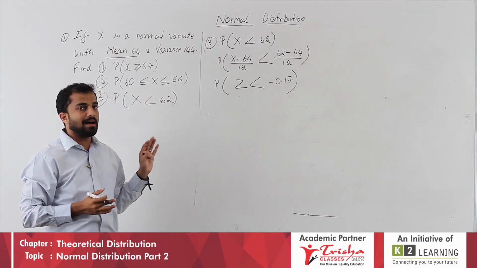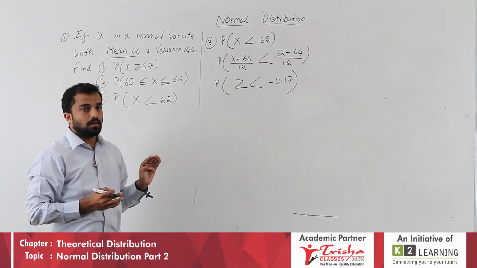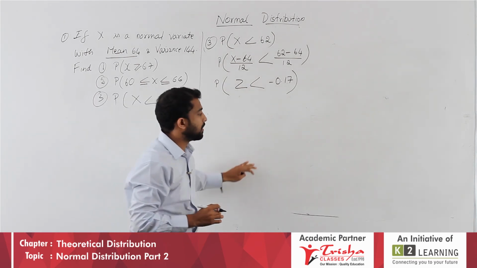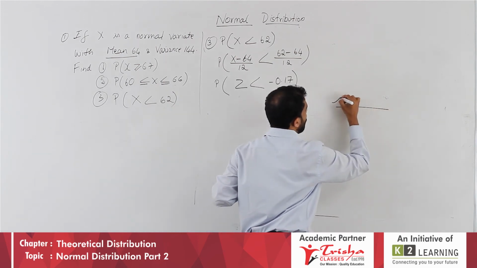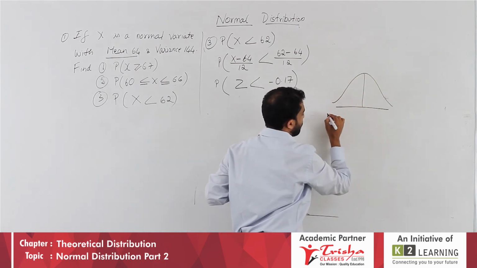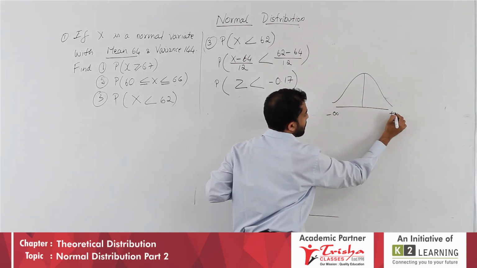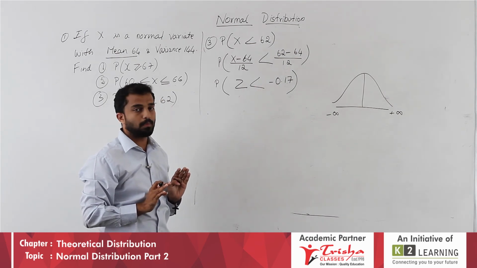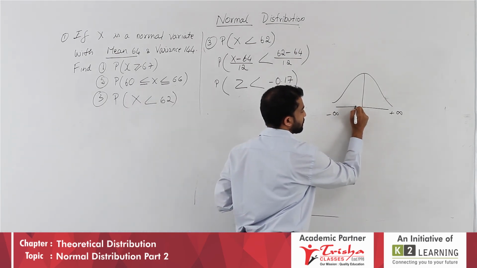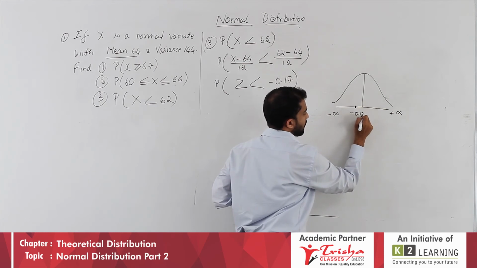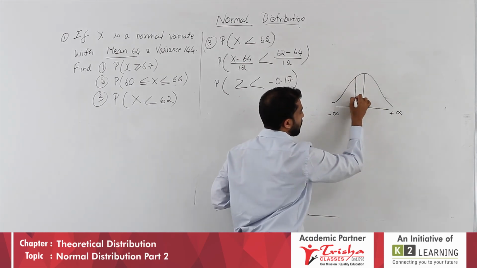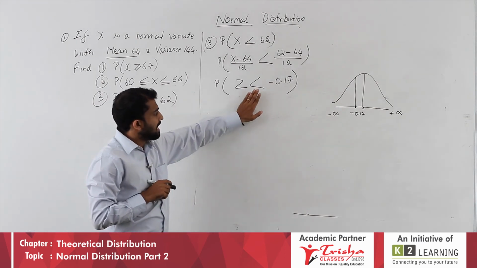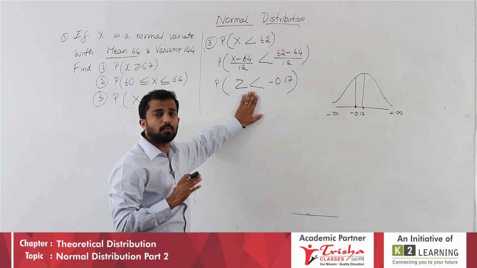Now the graph, or the curve, plays a very important role. Let us see how to plot it. The bell-shaped curve, minus infinity, plus infinity, mark where minus 0.17 is. Here, minus 0.17, and this is the point 0 here. Understand, students, what are they telling here? They are telling less than minus 0.17.